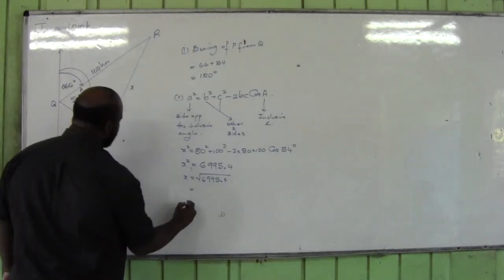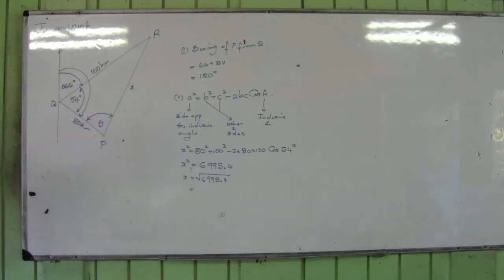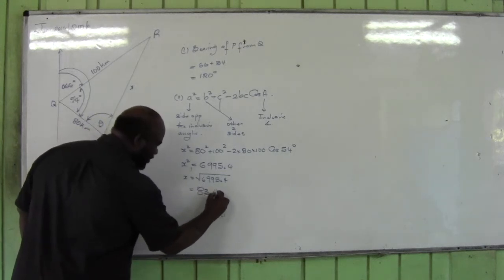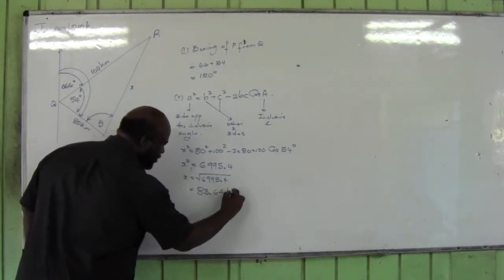How did they say the answer should be given? To 2 decimal places. So it's 83.64 kilometers.